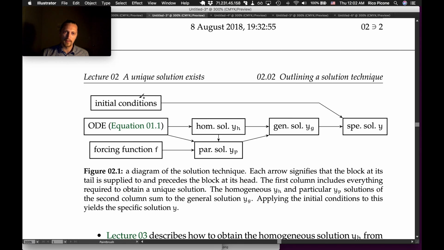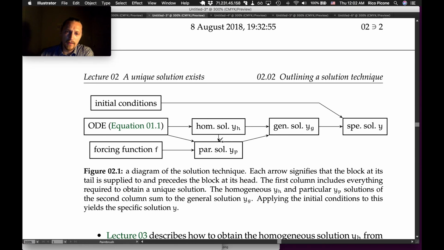This is what you start with, right? The ODE gives you the homogeneous solution, and from the ODE and the forcing function, you can get the particular solution. You do have to check, the reason there's an arrow here is you have to check to make sure that it's linearly independent. You don't have to multiply your particular solution by t or anything.